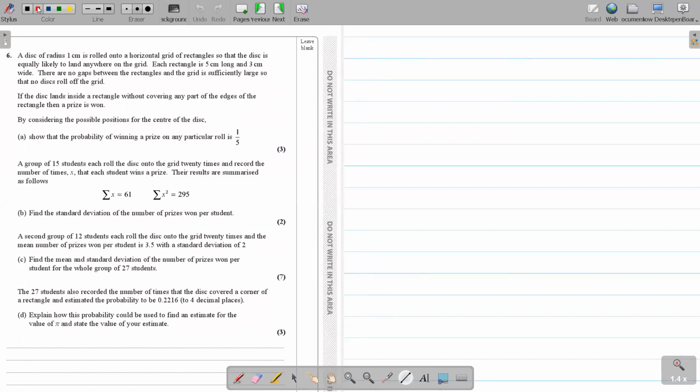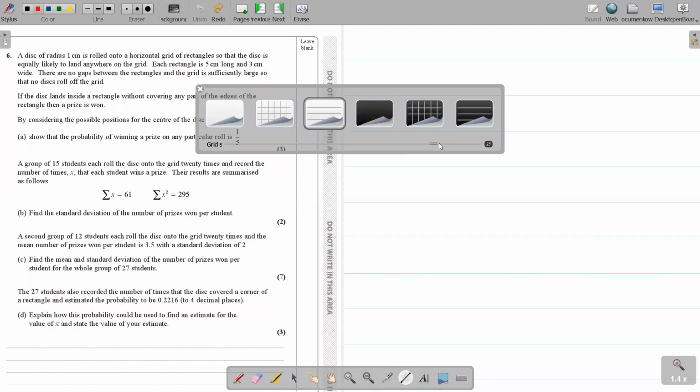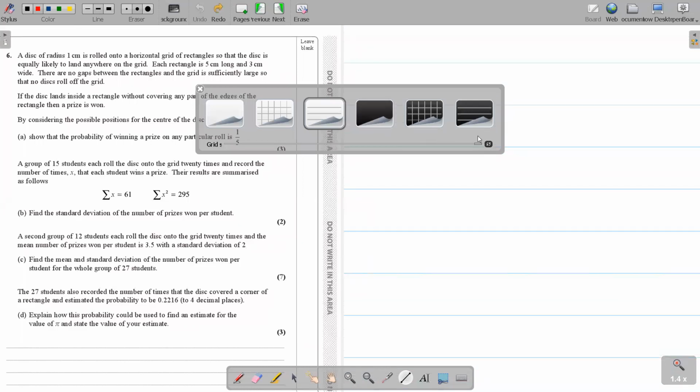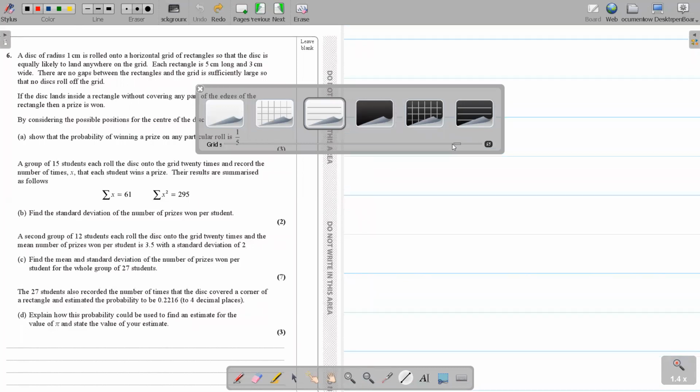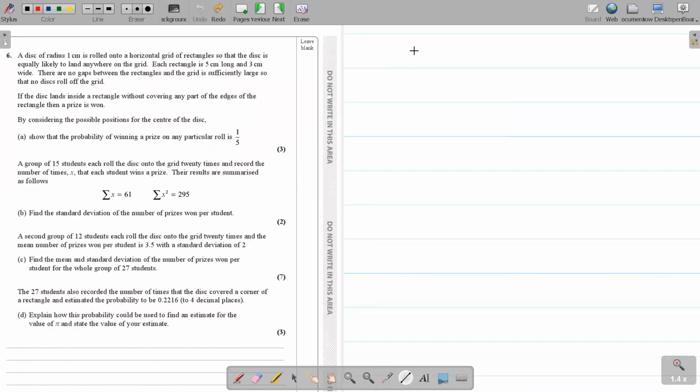Just to give you an idea, I'm making the grid bigger. So this is the grid. Okay, so 3 by 5, do you get it?